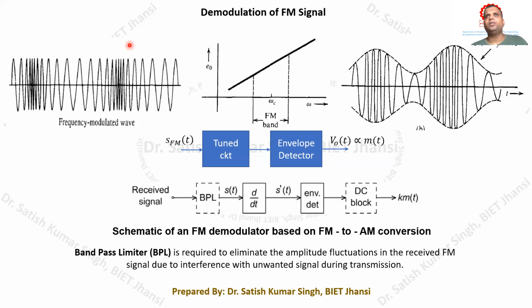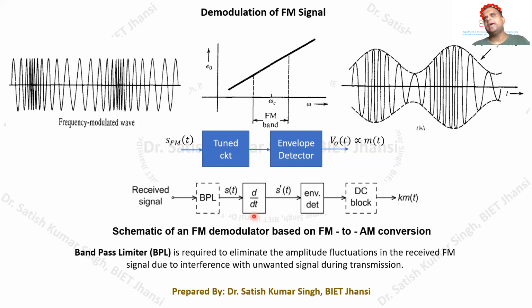So first of all, we need to eliminate those amplitude variations or fluctuations that happened between the transmitter and the receiver. We have to first eliminate them, and only then can these actions be performed.